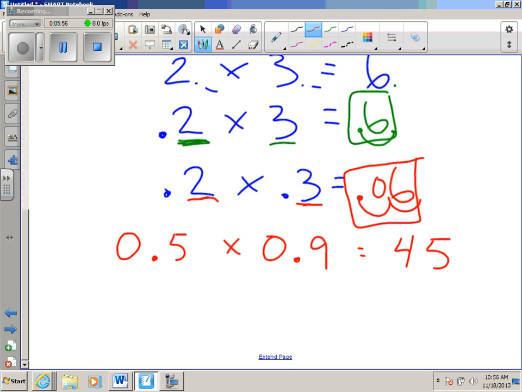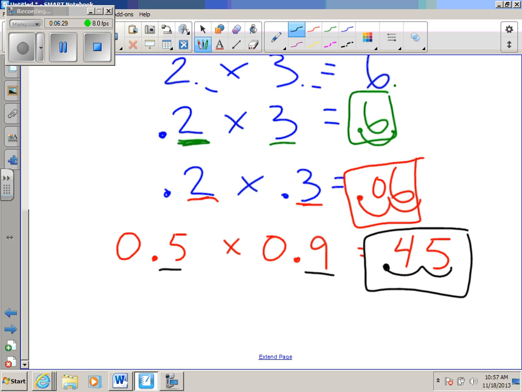But I know I can't leave it as 45 because that isn't a whole number 5 and that's not a whole number 9. How many decimals are here? 1 and 1 make 2. I need to go 2 places. So that equals 0.45. Okay, the multiplication stays the same. What happens is we move the decimal based on how many decimal places are there.